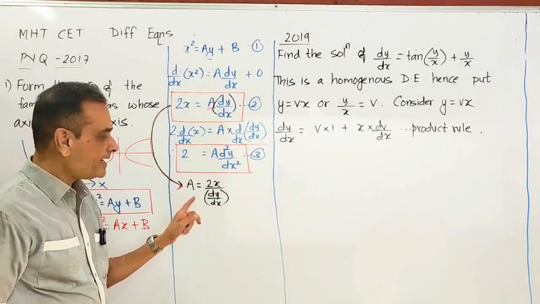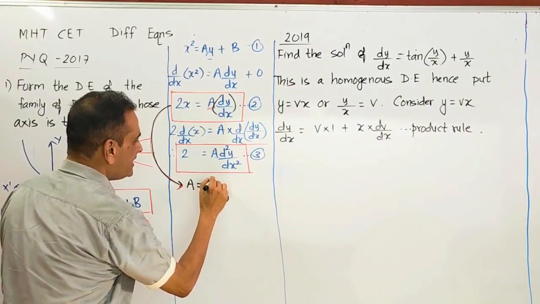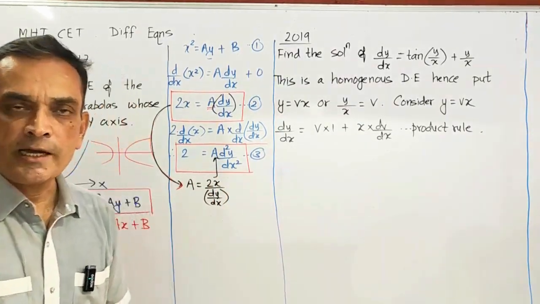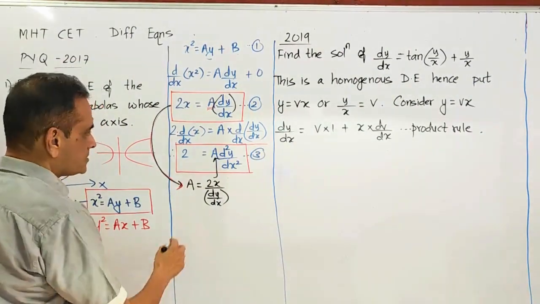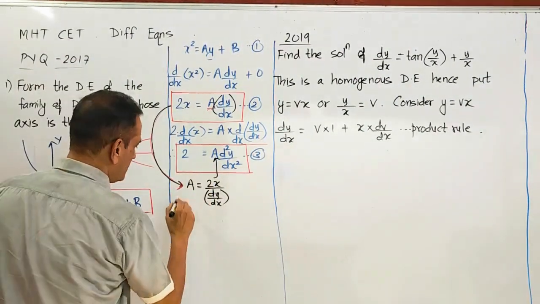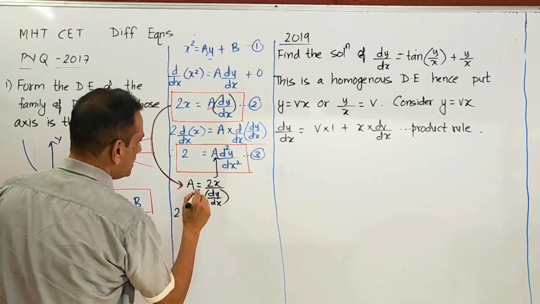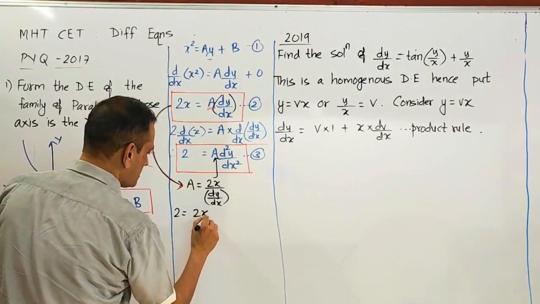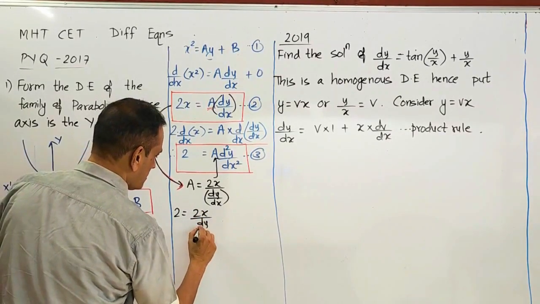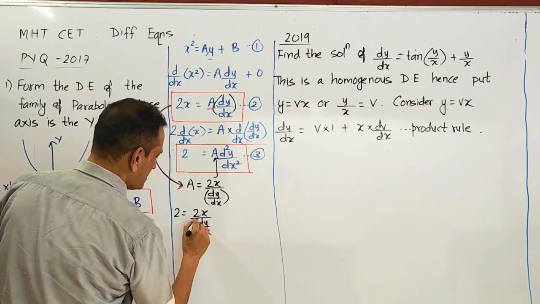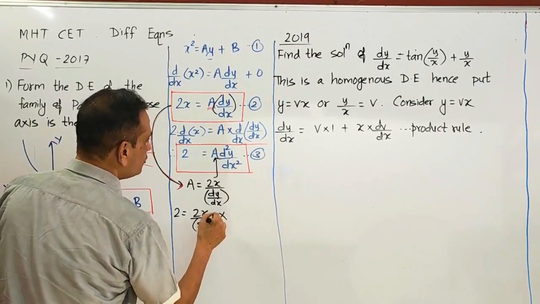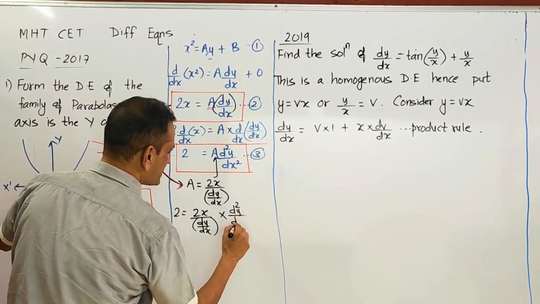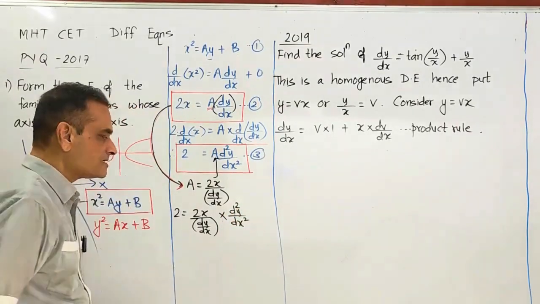Now put this value of a in equation 3. Simple. A will disappear. A will be eliminated. So substitute in equation 3. What do I get? 2 equal to, don't write a now, the value of a, 2x upon dy by dx, into d squared y by dx squared. That is our answer.